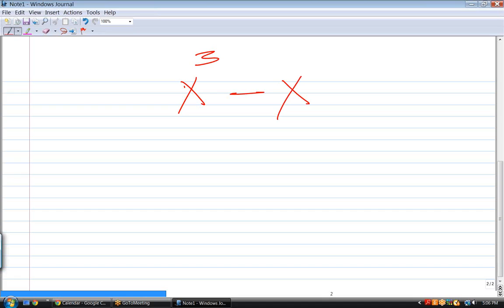That would be, what's the first one that we did? Greatest common factor. So what would it be? What would the greatest common factor be? X. And what would be the other part? Then it would be 3x minus x, right?